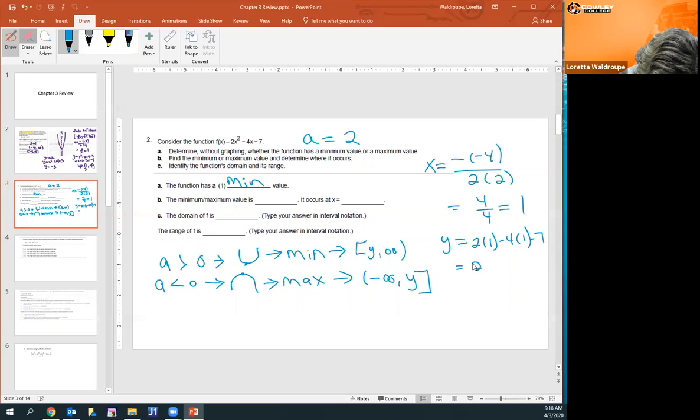So I get 2 minus 4 minus 7, which gives me a negative 9. So my vertex is at 1, negative 9. So the minimum value is negative 9, and it occurs at x equals 1. Remember, the domain for us is always going to be negative infinity to positive infinity. And since a is greater than 0, my range goes from the y value of negative 9 to positive infinity.